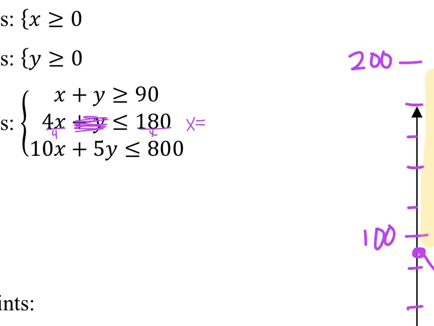All right, so 45. And if we do the reverse for the y's, and we say, okay, there are no x's, then I just have y, and I have y equals 180. All right, so now I'm connecting 45 to 180.